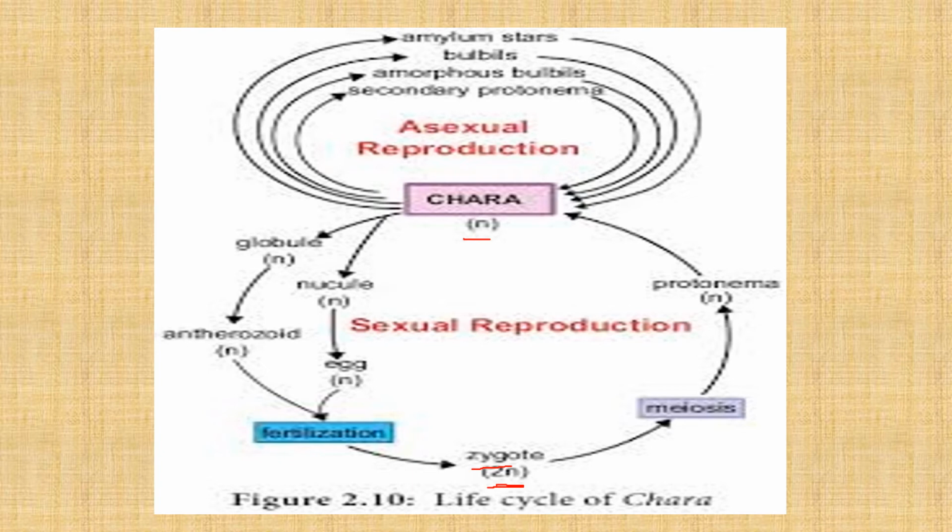So we see that it is either vegetative or sexual reproduction. There is no asexual reproduction. And vegetative reproduction is in the form of amylum stars, which are star-shaped groups of cells filled with starch.